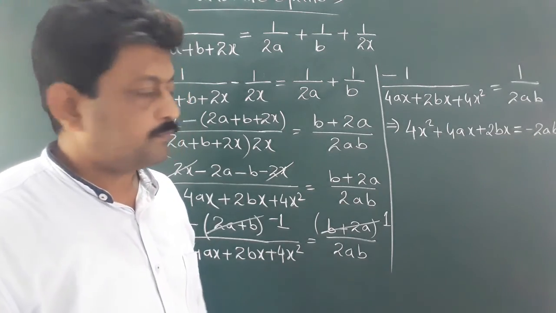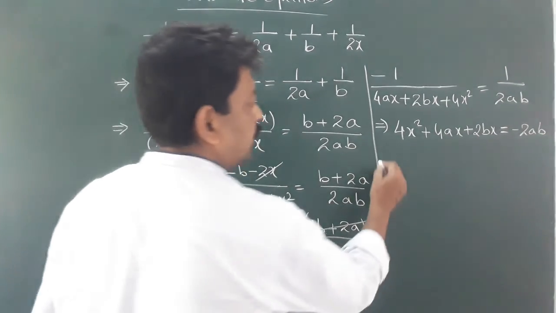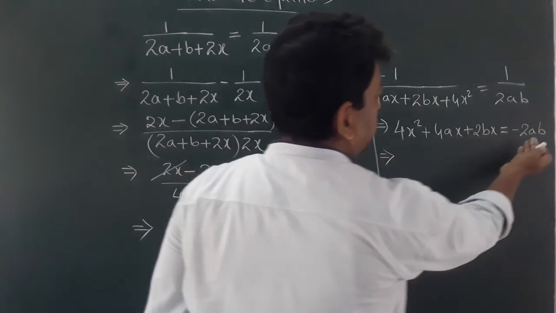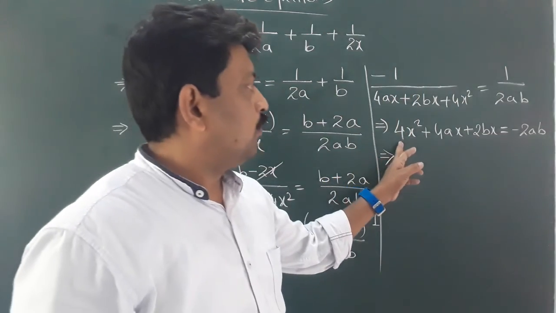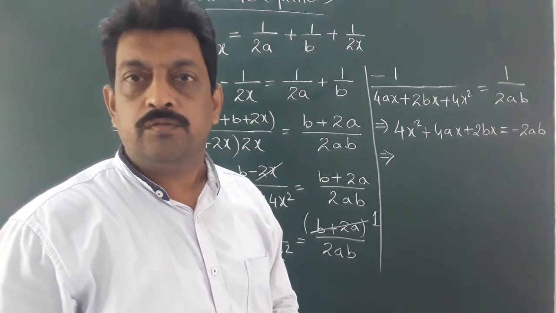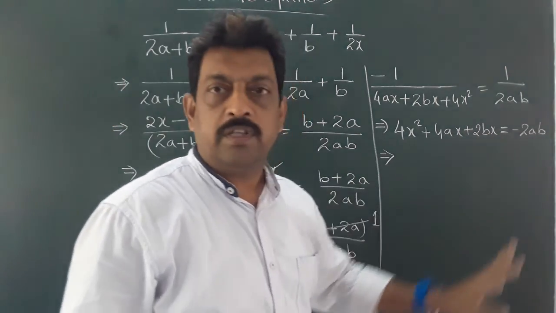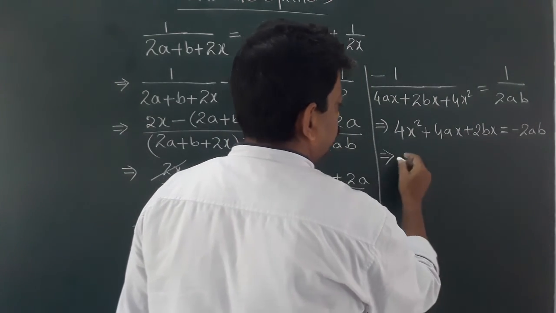Done. I am taking minus 2ab. Okay, first of all, you can see all these terms can be divided by 2. All are even numbers, so I am dividing the whole terms by 2.